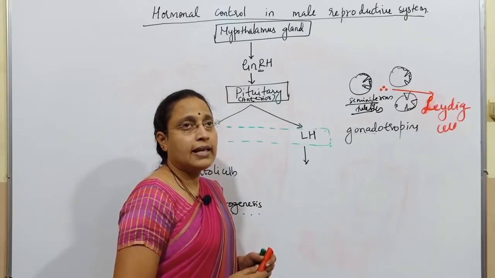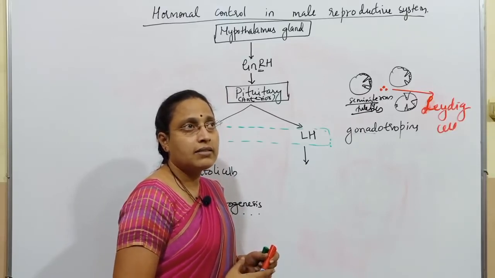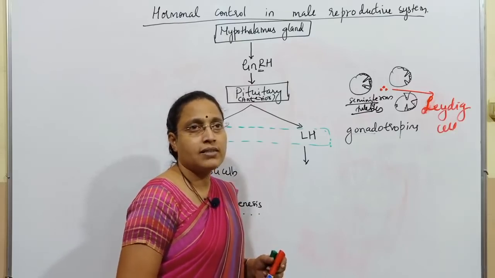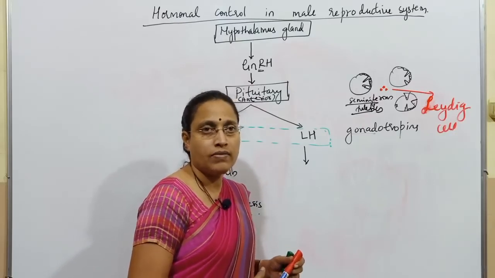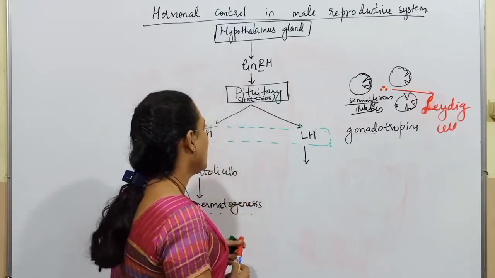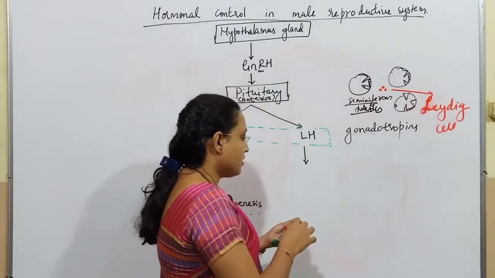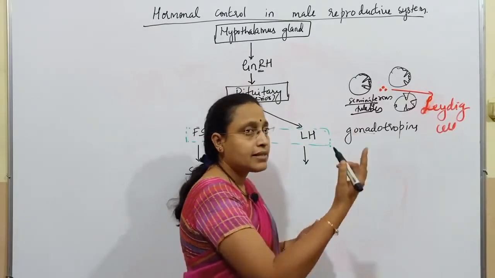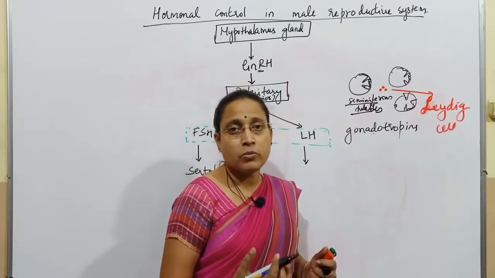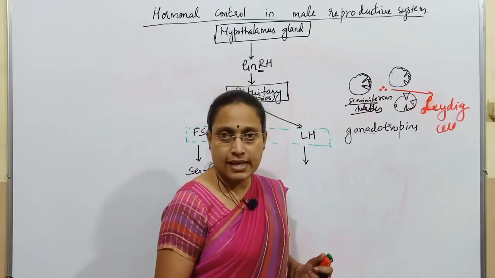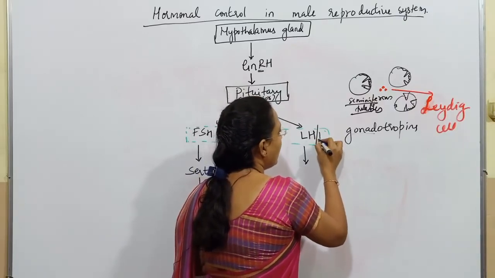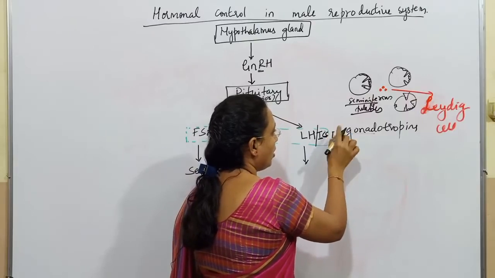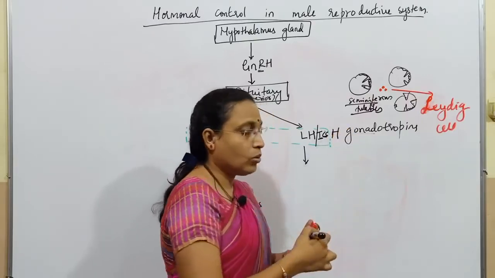I told already, Leydig cells are endocrine cells, and they secrete a hormone called testosterone, which is an example of an androgen. Now, what LH does is, it will stimulate Leydig cells. So, what are Leydig cells called? Interstitial cells. Therefore, LH is also called interstitial cell stimulating hormone, and that too only in the male.